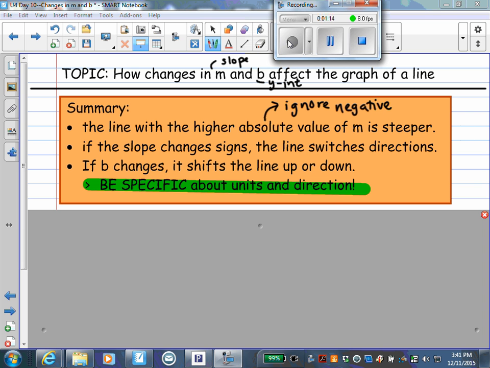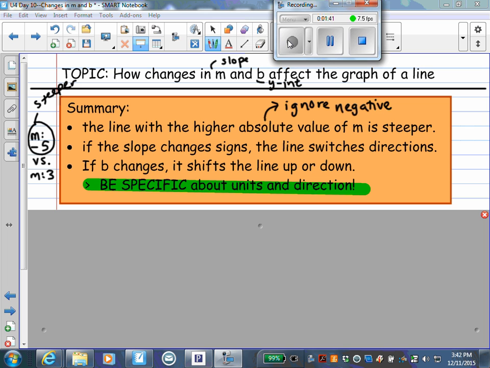The steepness is told by the number without the negative, and that's what absolute value means, really. So an example, if we had a line whose slope was -5 versus a line whose slope was +3, the line with -5 slope would be steeper. We ignore the negative. 5 is a higher number than 3, so this would be the steeper line.